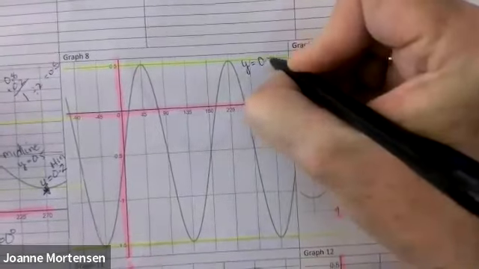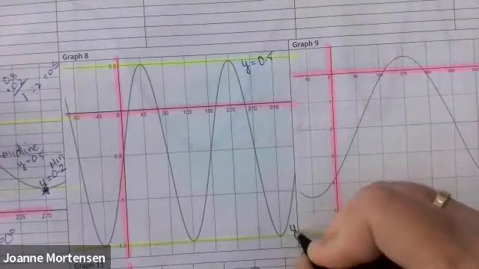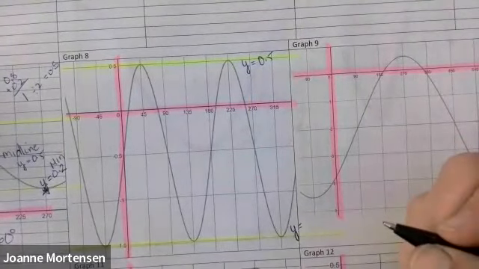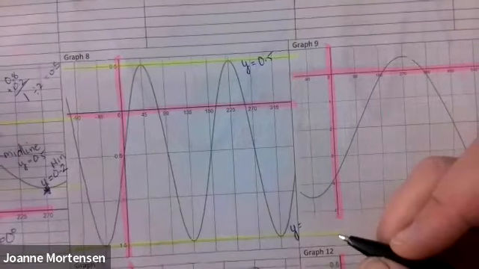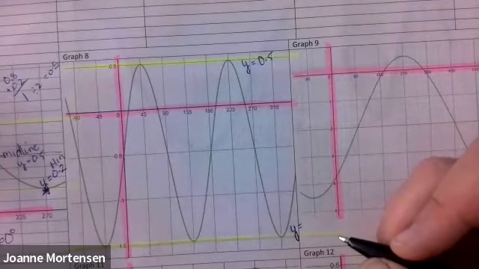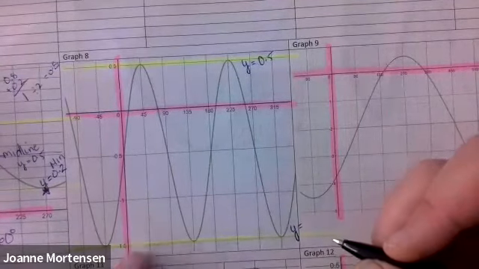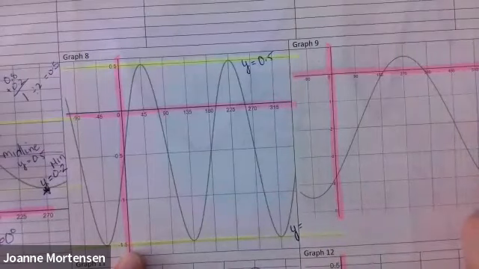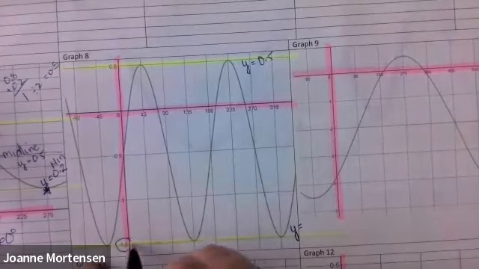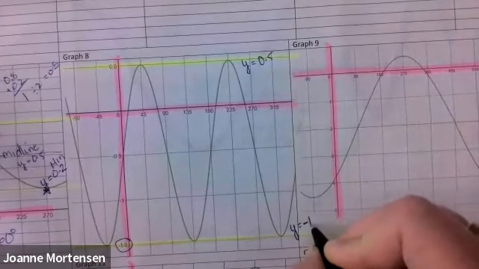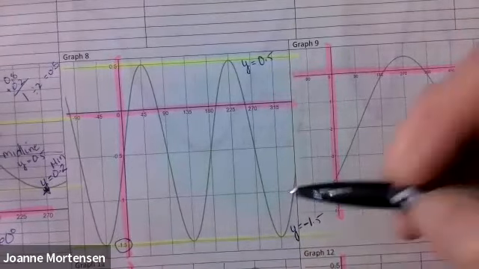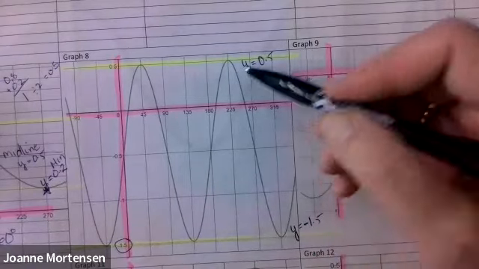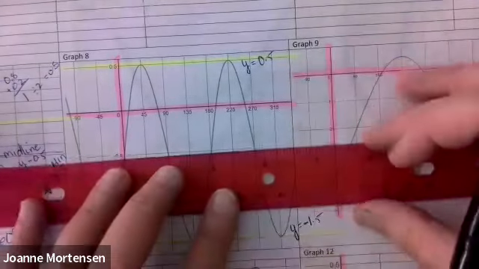Where's my minimum? How far down does this go here? Nope. You got to read the negative 1.5. So my middle 1, 2, 3, 4. Counted my boxes. So there's going to be my midline.